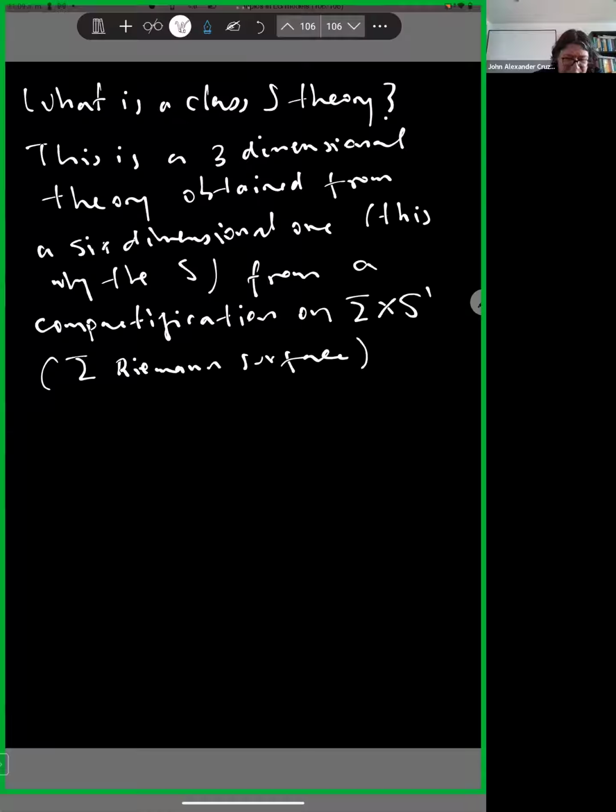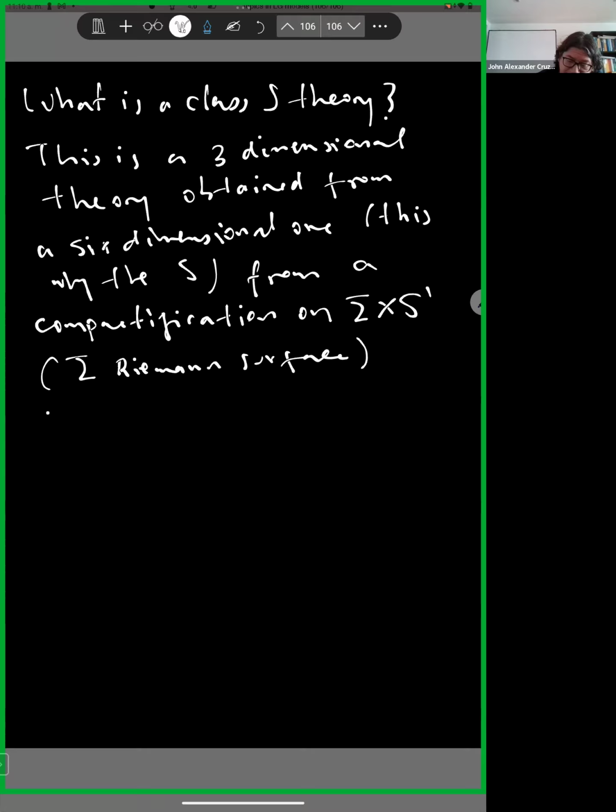You compactify on sigma, which reduces the six-dimensional theory to a four-dimensional theory, and then a further compactification on S1 produces a three-dimensional theory, and that's the class S theory.